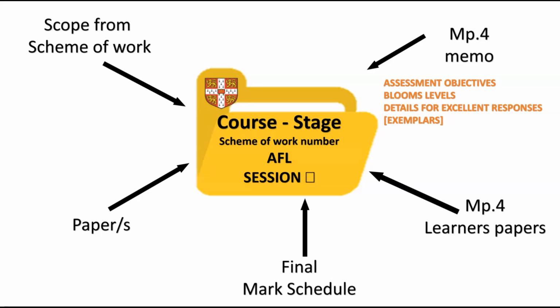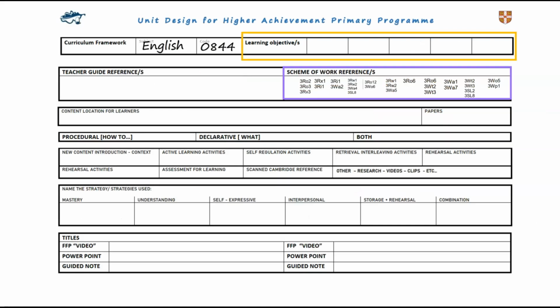And then when you've marked your learners' papers and your mark schedule and the paper, the scope, I think you've got your scope already, you can stick it into assessment for learning session 2 folder. Then at the end of the year, you'll have an assessment for learning session 3. Same applies.